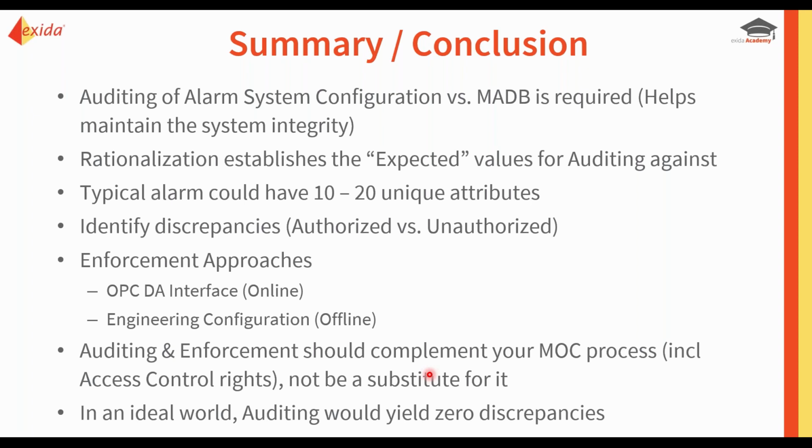So what I mean is, when you define your management of change process, that should set up or define what parameters can be changed by the operator, for example, and then you should program the HMI with the associated access and security control, so that if you don't want the operator to make changes to alarm limits or enable disable status, the best way to do that is to eliminate that privilege or that right within the HMI access control.